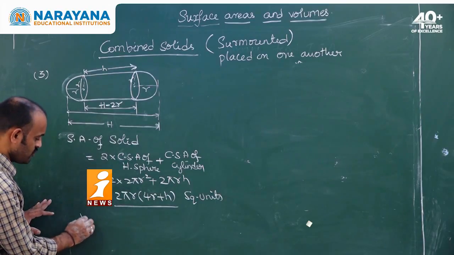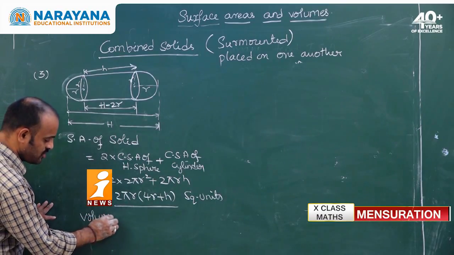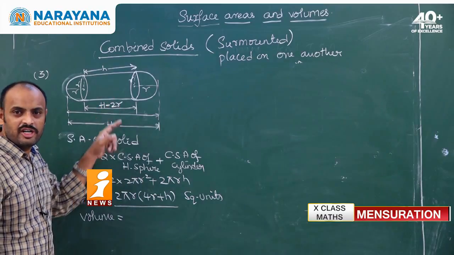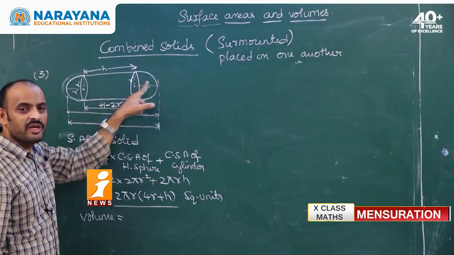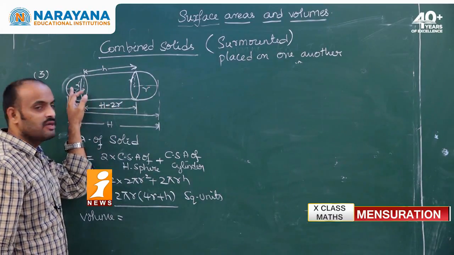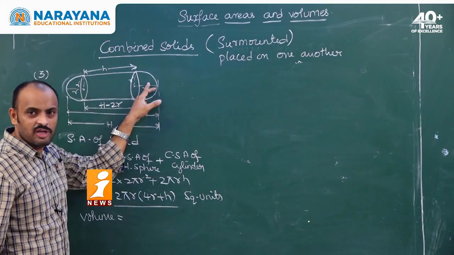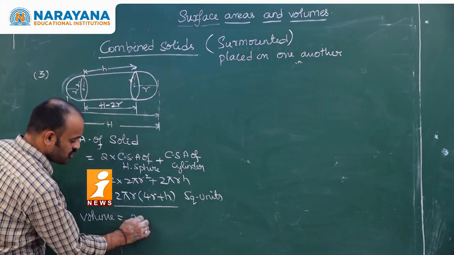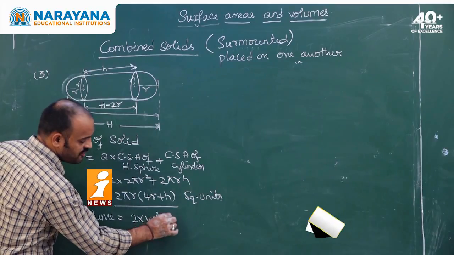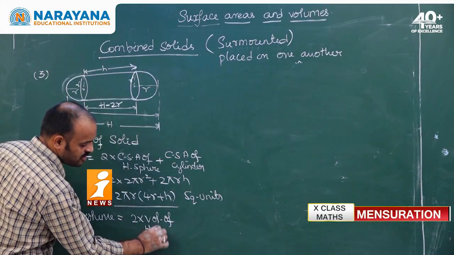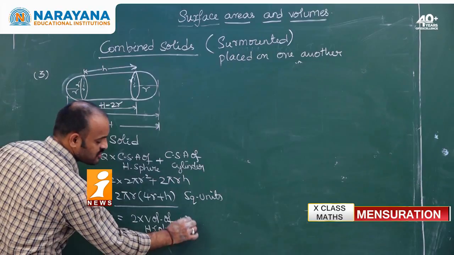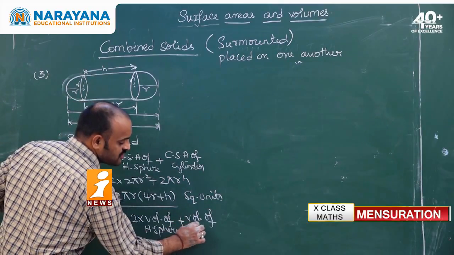Okay. Next, volume. The volume of the combined solid is the sum of the volume of each figure: volume of hemisphere plus volume of cylinder plus volume of hemisphere. So 2 times the volume of hemisphere plus volume of cylinder.